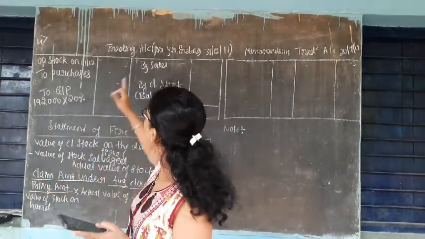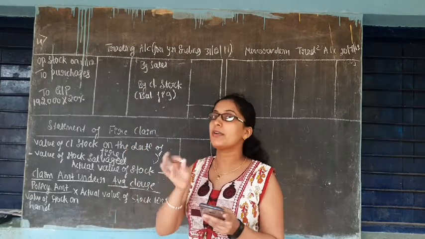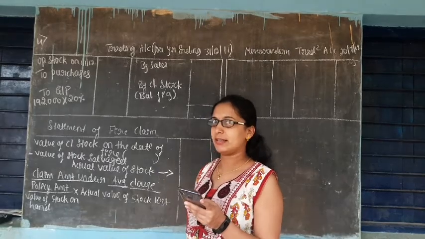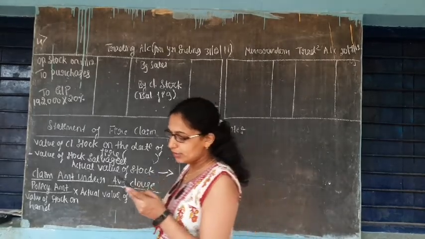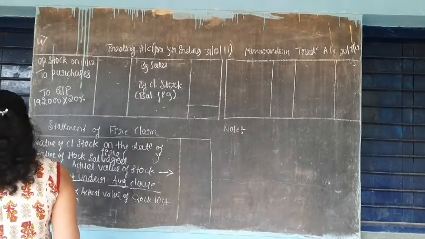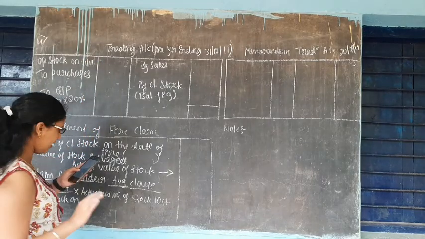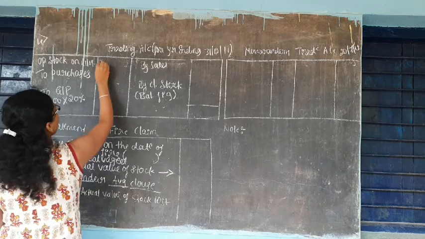So you have to prepare the normal trading account of 2011 to find out the gross profit, as per the first question. Stock on 1/1/2011 is given, meaning the opening stock of 2011, that is 45,000.